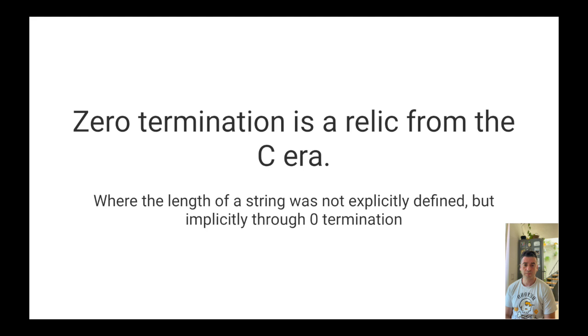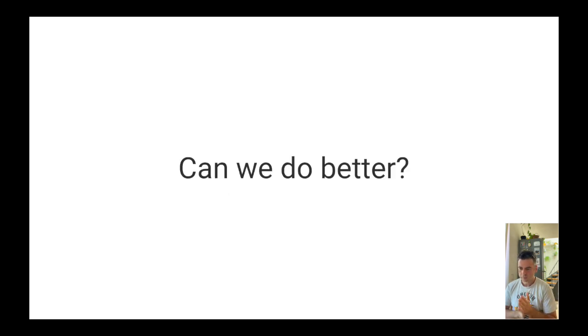In C, you get a pointer to a string, and you say, okay, read it until you hit a 0, and then you're done. So you always need to compute a little bit in order to get the length, or maybe a lot actually. Okie dokie. So can we do better?